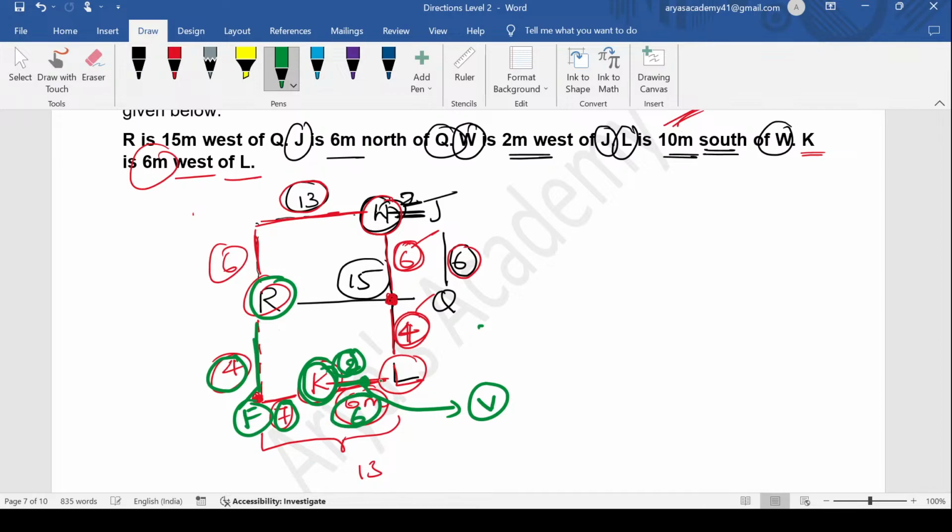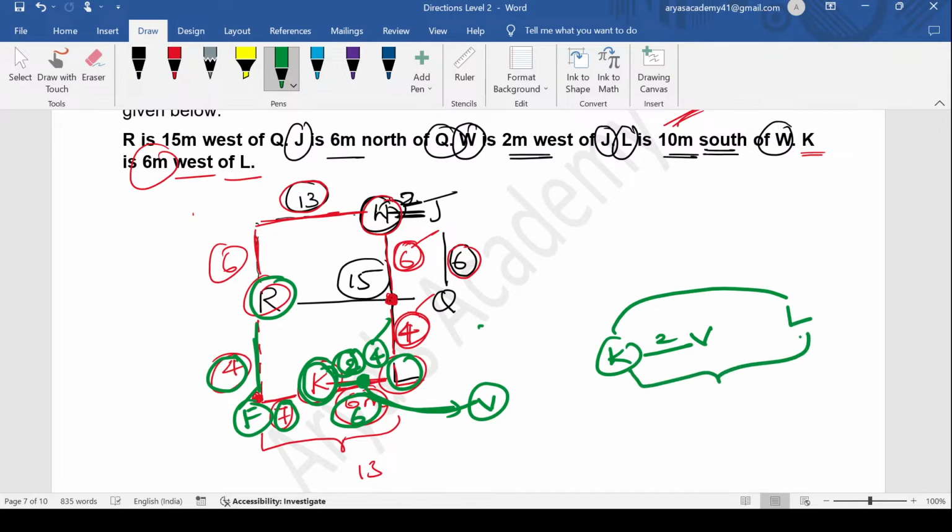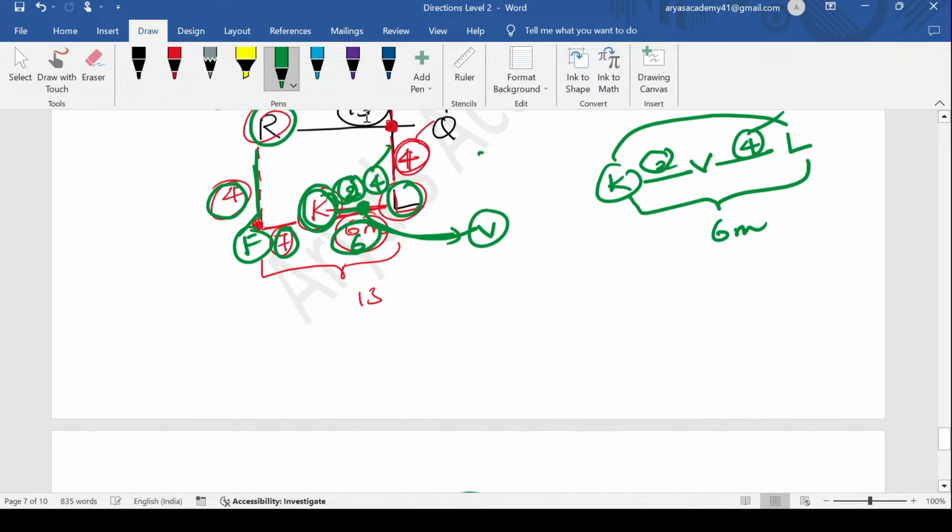If this is 2, and here what I have highlighted is point B, and L is over here, this particular distance has to be how much? 4. K is over here, right? If I move 2 meters, I get another point B. I already know that between K and L, the distance was 6 meters. If the distance between K and B is 2, then obviously the distance between B and L has to be 4.